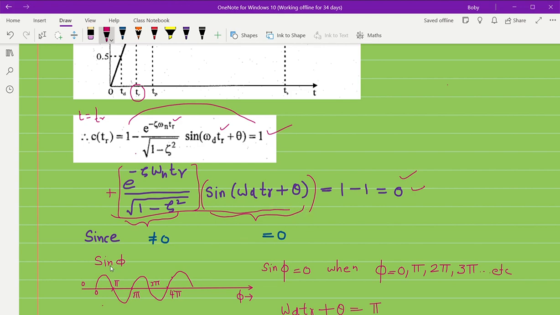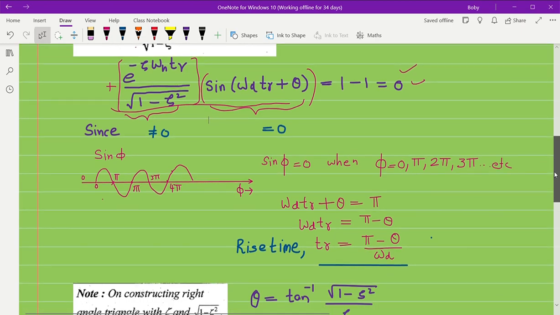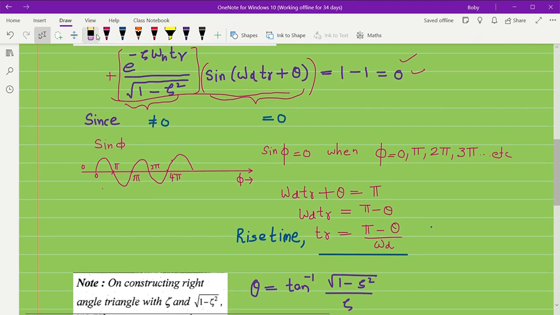We know that sine phi is equal to 0 when phi is equal to 0, pi, 2 pi, 3 pi, etc. So the sine term can become 0.